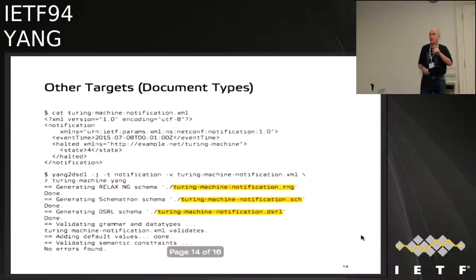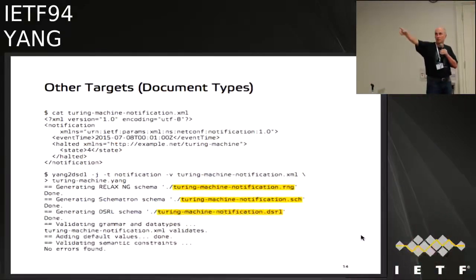For example, a notification for the Turing machine, we have one notification, and the notification can look like this, for example. And we can validate this XML instance document in the same way, just using another target that's indicated with a -t parameter, and it says that the schema should be for notification this time.